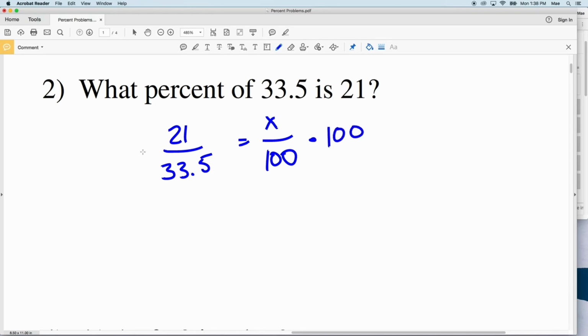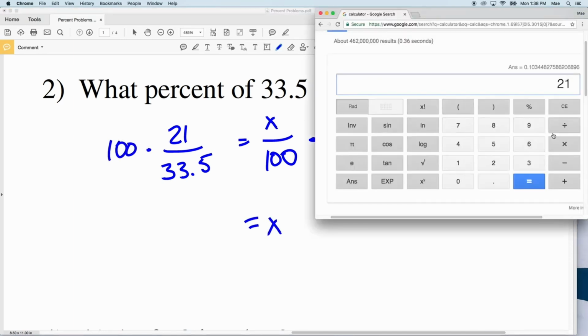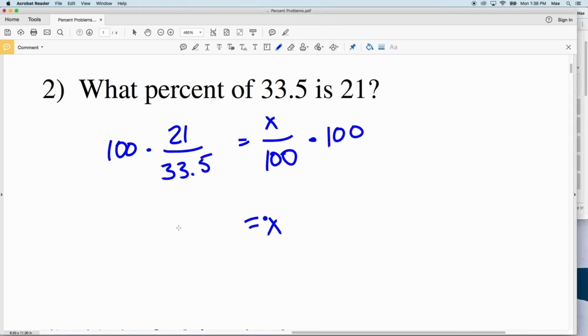Multiply both sides by 100 to isolate the x, and we'll get 21 divided by 33.5, and we're multiplying that by 100. So 62.68, which rounds to 62.7%. For number 2.